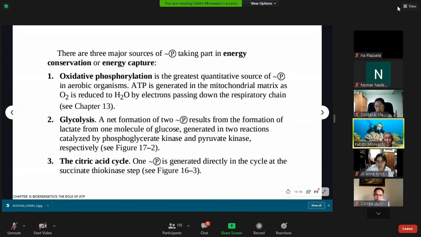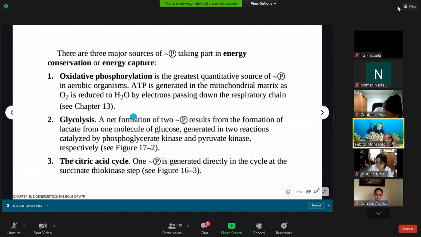Aerobic and anaerobic. Aerobic glycolysis produces more than two high energy phosphates. So this one is anaerobic because the end product is lactic acid. Okay.